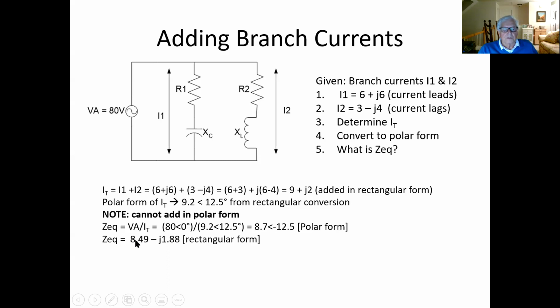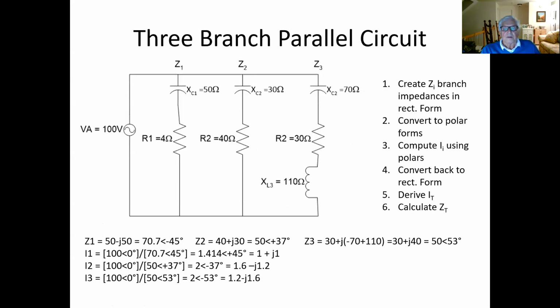Our rectangular solution is then going to be found by taking the cosine of 8.7 and the sine of 8.7 at minus 12.5. So that is our rectangular form. And we can do it for more complex systems.